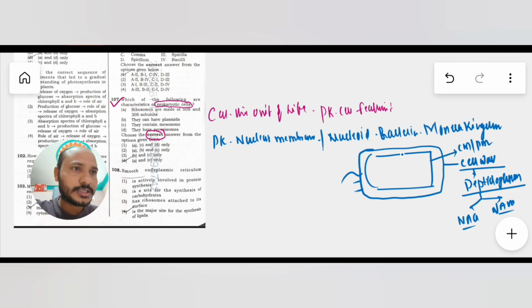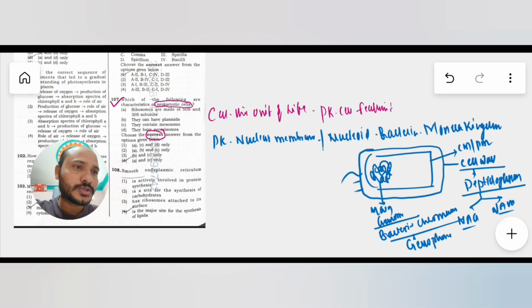This bacteria contains the bacterial chromosome, the main genome of the bacteria, which is also called the genophore. Very important, genophore. Along with this main genome, there is an extra chromosomal, circular, double stranded, self replicating DNA, called a plasmid.